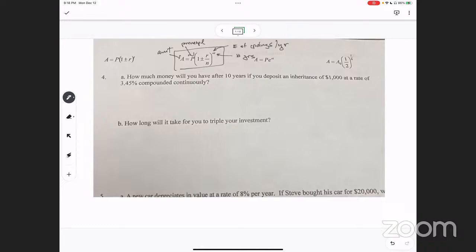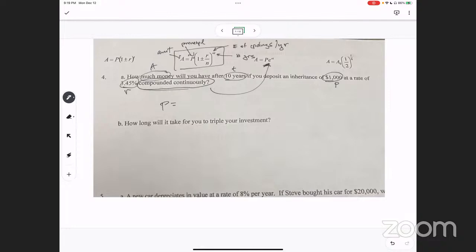Okay, so how much money, that means A, they're looking for A, will you have after 10 years, that's your t, if you deposit that much, that's your P, at a rate of that much, that's your r. Compounded, oh, I didn't see that part. Compounded continuously means you're using this formula right here. That's your continuous compounding. So all you need is your P and your r and your t.